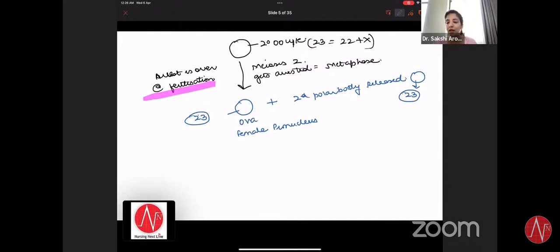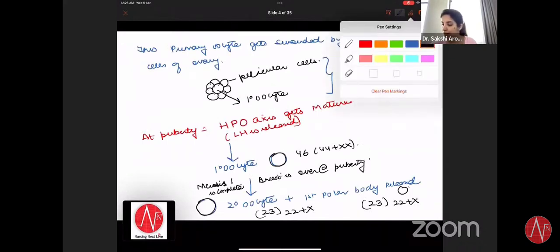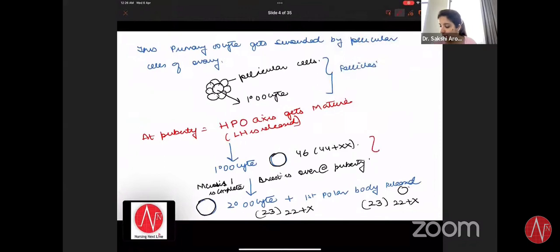So then जो हम कहते हैं कि every month a female is ovulating, उसका क्या मतलब होता है? What is ovulation? So understand that release of secondary oocyte from primary oocyte every month, that is what is called as ovulation.